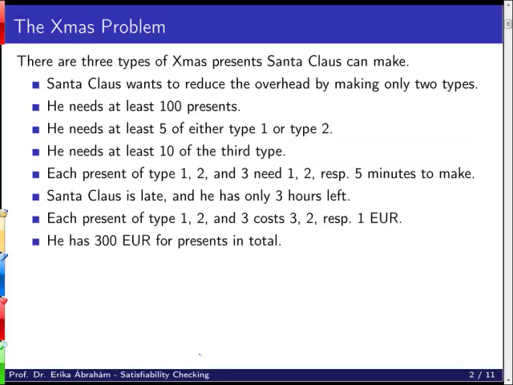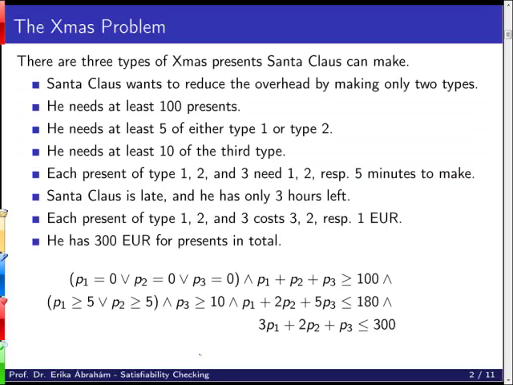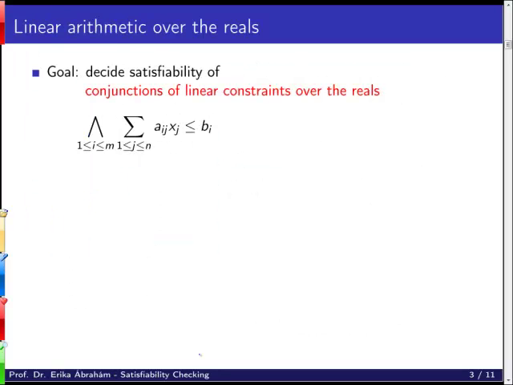So what we start with is, we already know this example, and we had here a Boolean combination of theory constraints, and though these are integer, we look first at real arithmetic. So assume now that these are real valued variables. What we consider in the logic is the conjunctions of linear constraints over the reals.